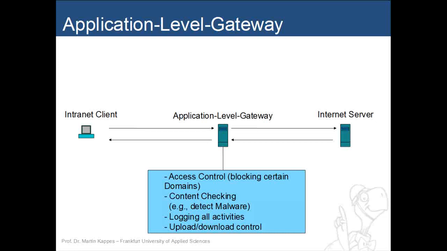So some of them are already mentioned, as you see here, based on the analysis of the request and what's coming in. There could be access control, so the application level gateway could only allow requests to particular domains, whereas a packet filter typically is blocking on an IP address base, for an application level gateway it's also possible to filter based on domain names, for instance.